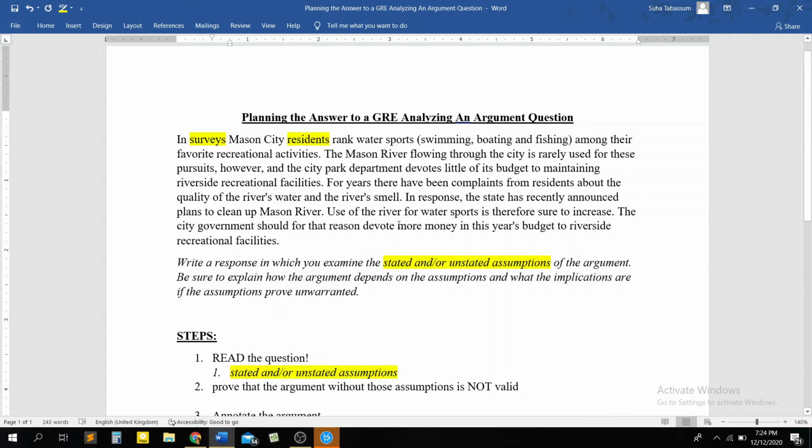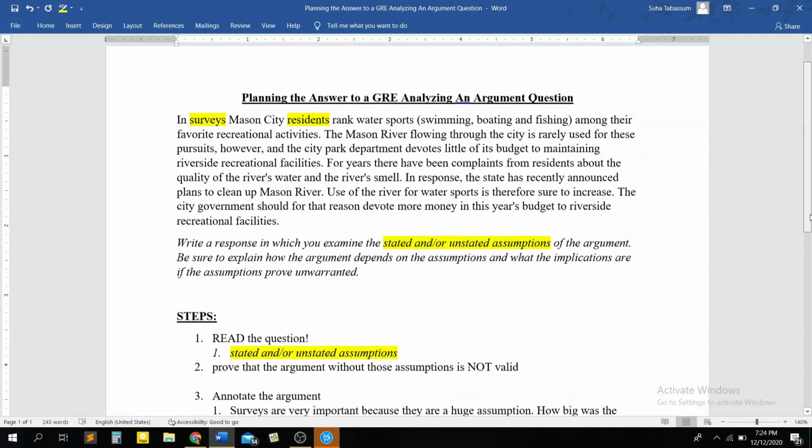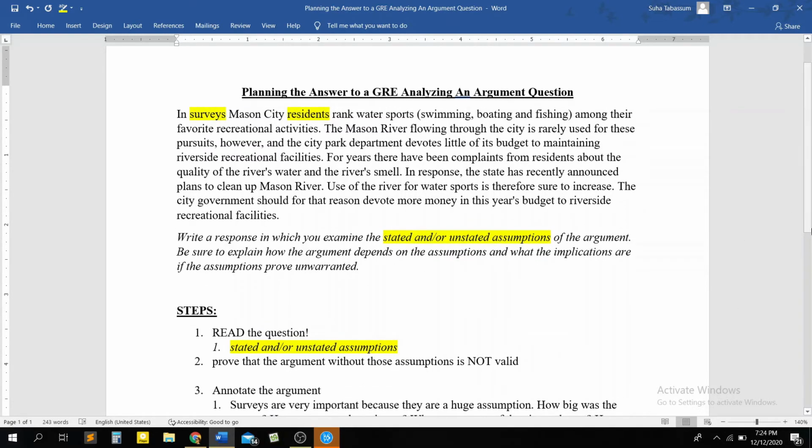The main point of this passage is that in the survey, the residents have said that these are their favorite activities on the river, but the river is not used for these activities, and they said that the river is not used because the government devotes very little budget.